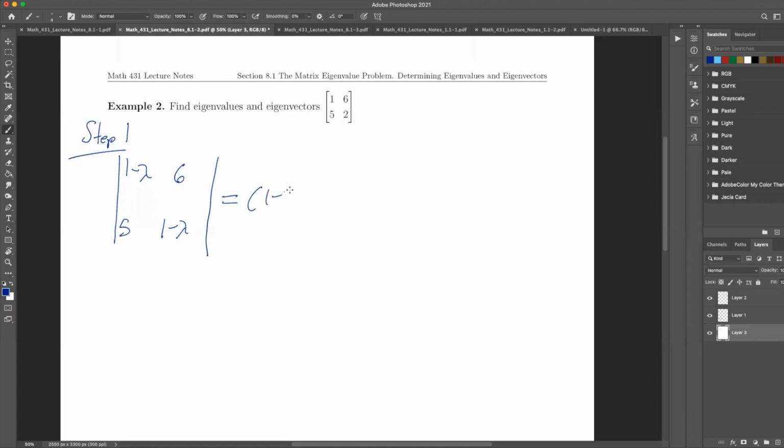I'll have 1 minus lambda squared minus, in this case, 5 and 6, so minus 30. Excuse me? Isn't it 2 minus lambda? Oh, you're absolutely correct. Thank you.